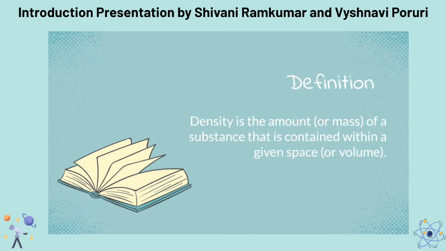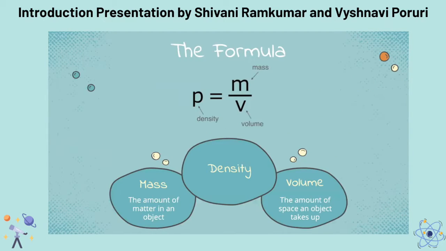Density is the amount or mass of a substance that is contained within a given space or volume. There are a few components that contribute to the overall density of an object or substance, including mass and volume. Mathematically, you can define density as mass divided by volume. Mass is the amount of matter or substance in an object.